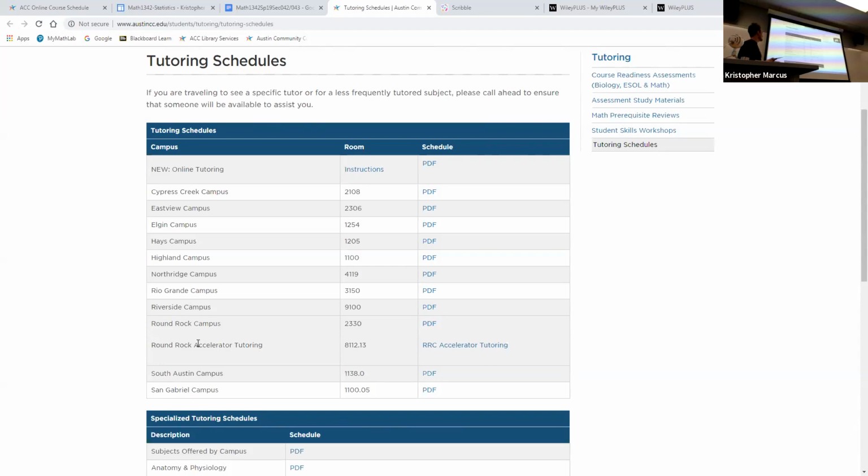We have one here at the Round Rock campus. There's also this Round Rock Accelerator tutoring. I don't think they do statistics in the accelerator on this campus. So for statistics, you'll need to go over to the learning lab, which is in building 2000 again. It's up on the 3rd floor just as you get off the elevator. It's right in front of you. So you can go there.